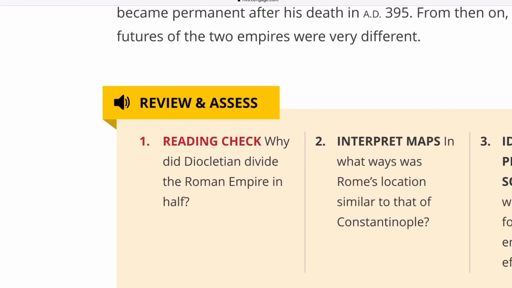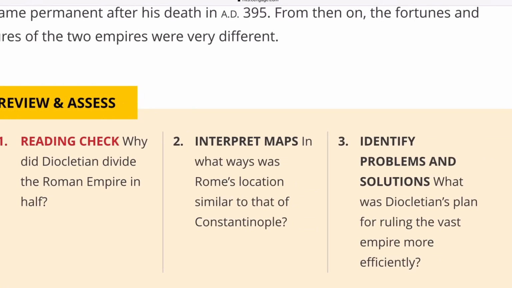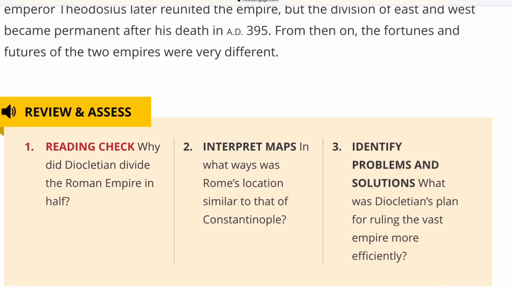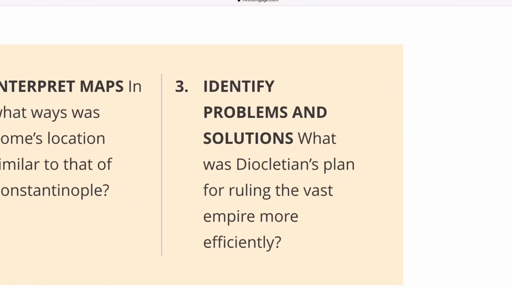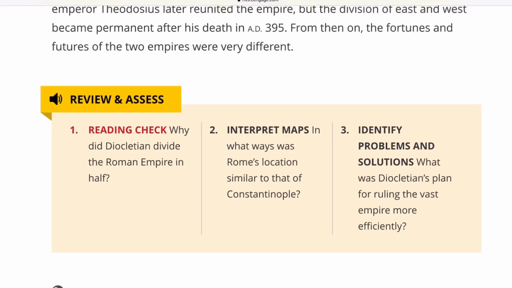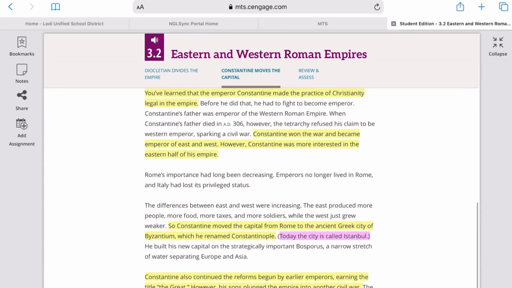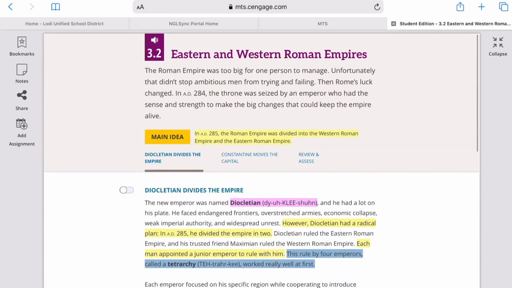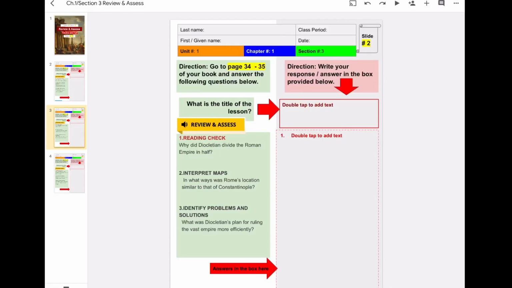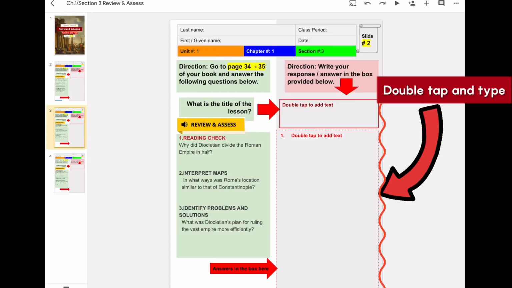And for number 3, identify problems and solutions: what was Diocletian's plan for ruling the vast empire more efficiently or effectively? Go ahead, open chapter 1, section 3, review and assess, and answer these questions in this Google slide.